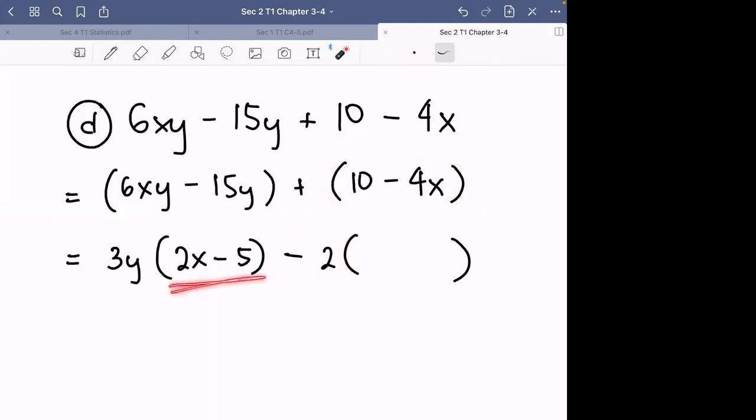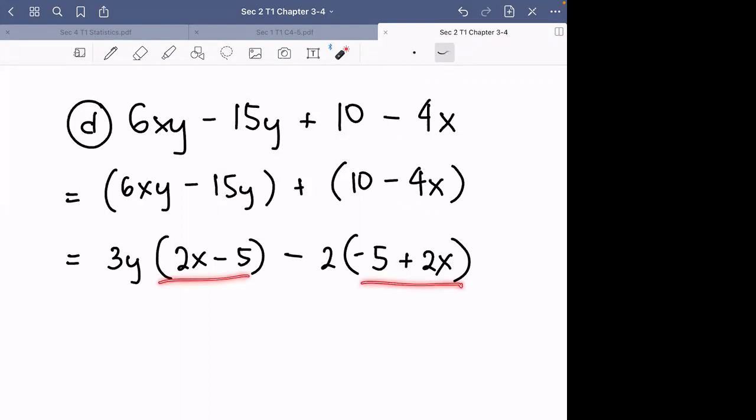Let's see if we can get the same terms like this. So 10 minus 4x. 10 divided by -2 gives -5. And then -4x divided by -2, you'll get plus 2x. Now they are the same.